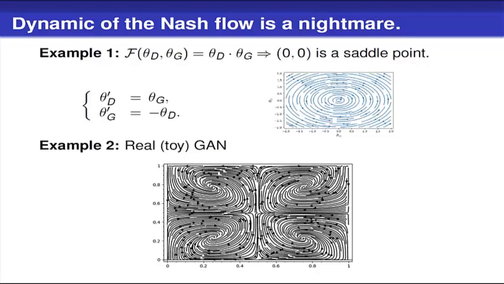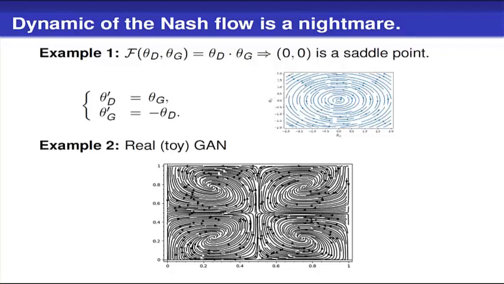And okay, well, it's true that periodic orbits do not appear in reality, but you may get something like this. This is a real picture of the flow of a toy GAN. A toy GAN has two parameters, but it's a real GAN. And as you can see, the equilibria are locally stable, but there is a vortex around this equilibrium.